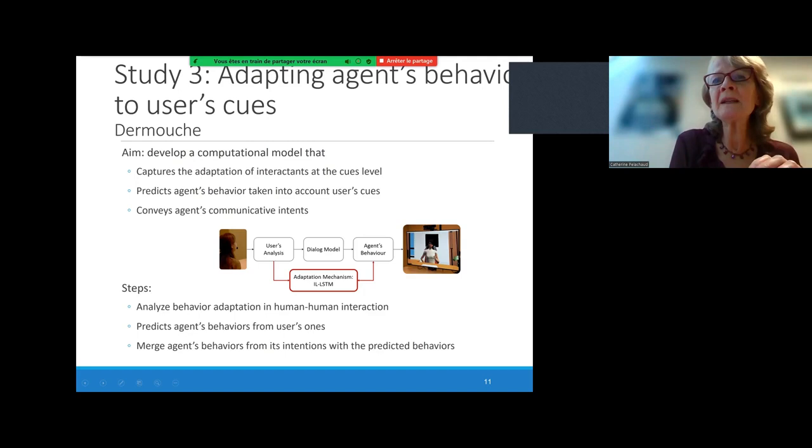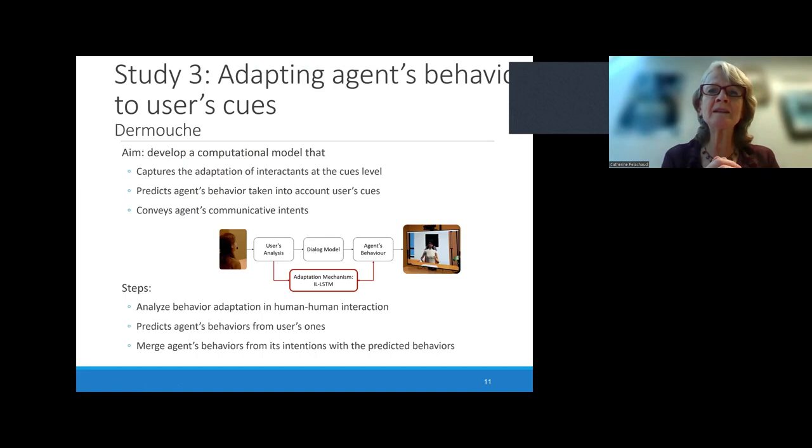So the adaptation mechanism is based on LSTM models, and it takes as input the user's analysis and outputs the agent behaviors. The learning of the models was done on human-human interaction, and we relied on the NOXI database that we had collected earlier on.